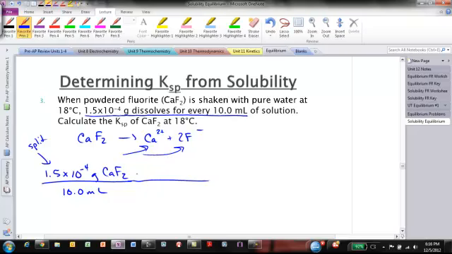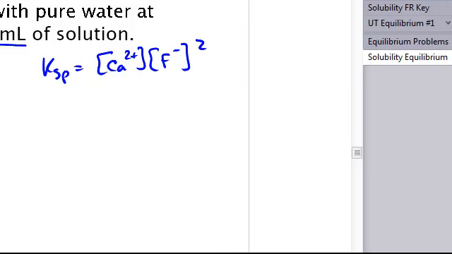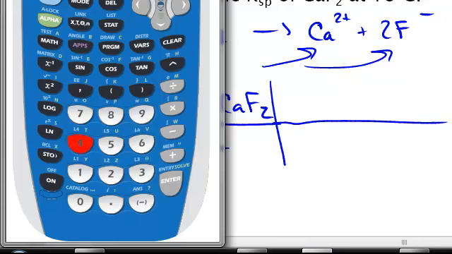And so what we've got to do is turn that into molarity, because our Ksp is going to be Ca2 plus times F negative squared. So we're going to take CaF2 and find the molar mass of it. So 40.08 plus 2 times 19.